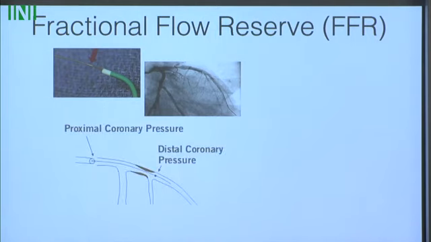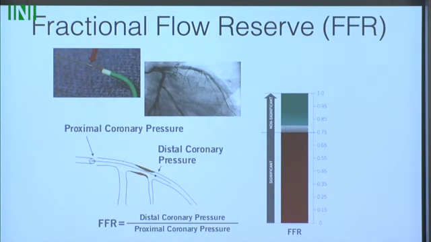I will not go too much into detail, but typically what you do is measure the downstream pressure divided by the upstream pressure, and that is an index which has been proven to have great diagnostic performance. So below 0.75 or 0.8, you have to intervene. Above, you will not intervene.